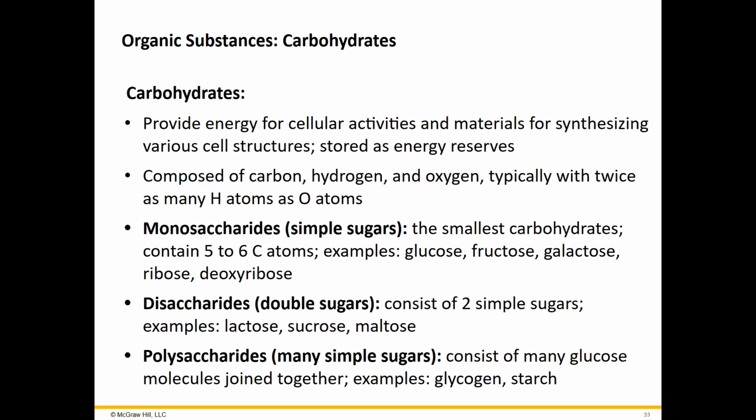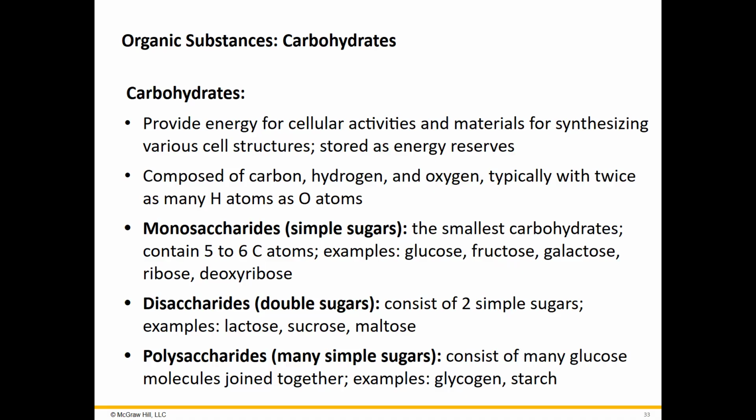It's a structure that is a ring of 5 to 6 carbon atoms. Again, I don't need you to recognize what these are, but they're sugar. Glucose, fructose, galactose, ribose, deoxyribose, these are all sugars. And because there's only one molecule of them, they're monosaccharides.